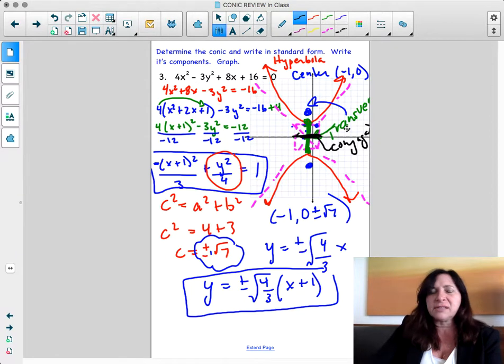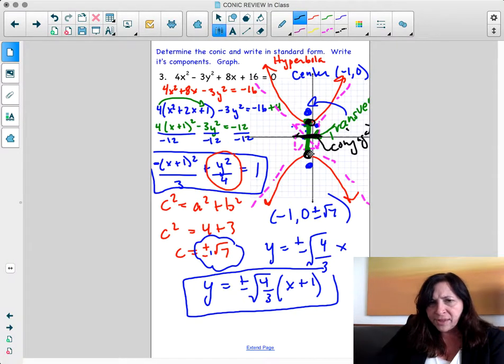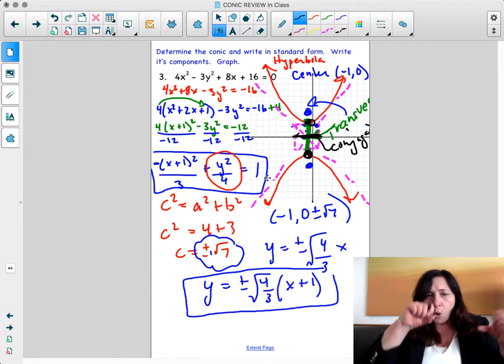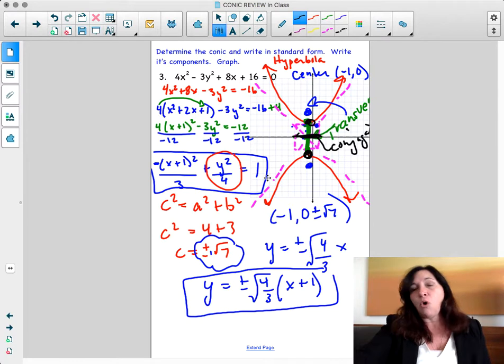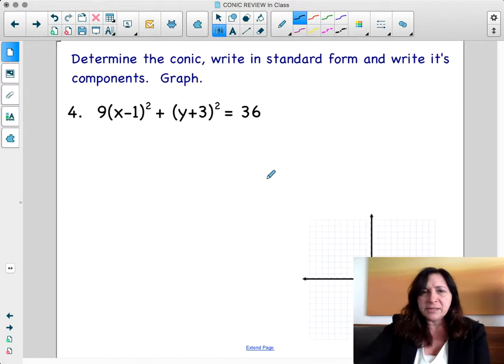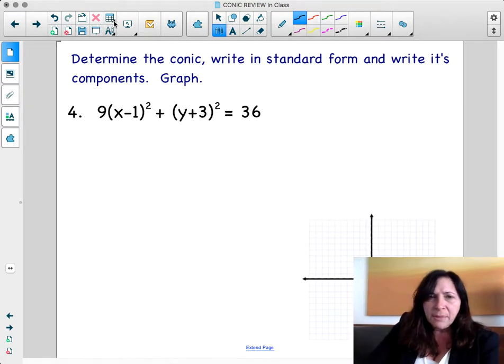That's conjugate axis. Let's see. We did our asymptotes, conjugate axis, and then you do need to know where your vertices are. Those are the ones that hold the 2 branches of my hyperbola in place.